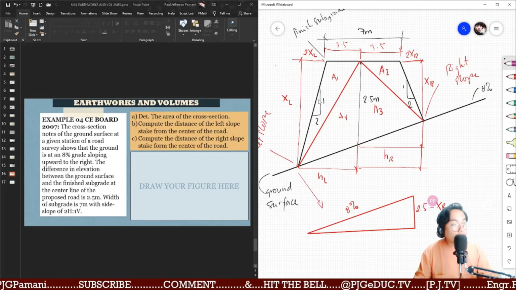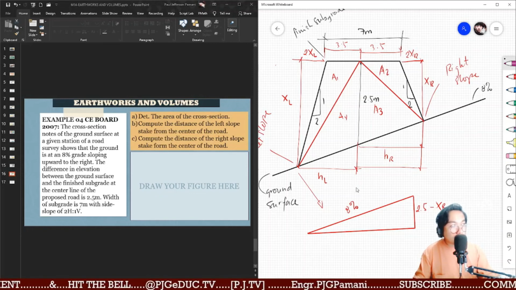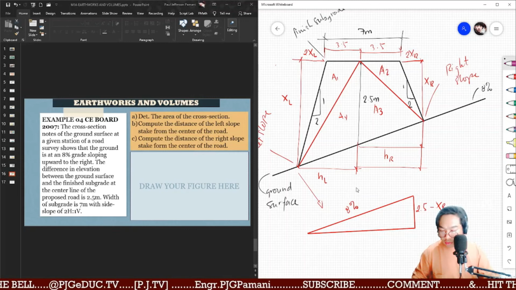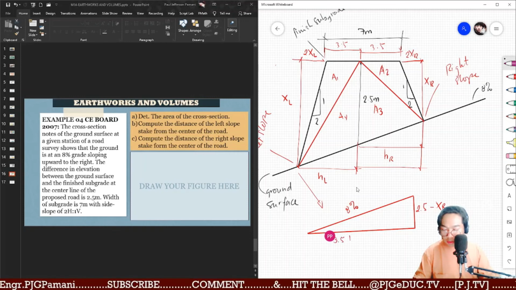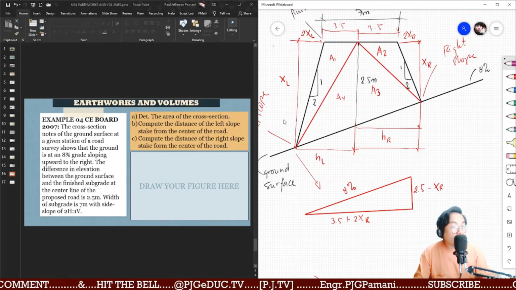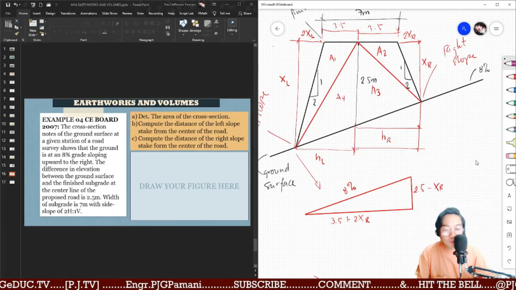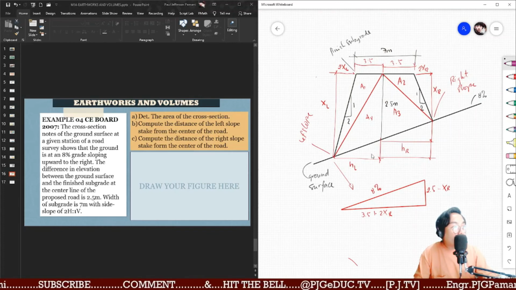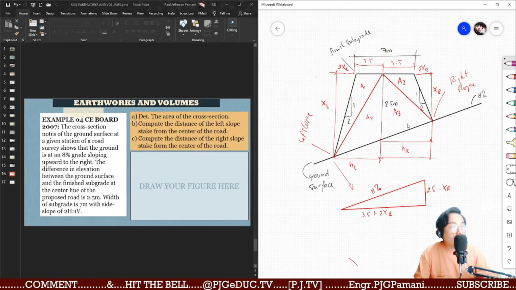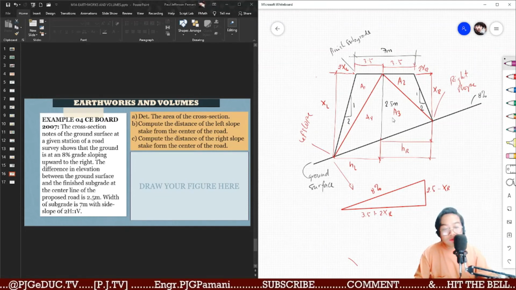Then, ito naman yung 3.5 plus 2XR. Then, you can immediately solve for XR, then solve for HL, then HR. May ratio proportion lang yan, no? Triangle. Ang left slope stake, yung HL, right slope stake, HR, then compute for the area pag kompleto na yung figure.